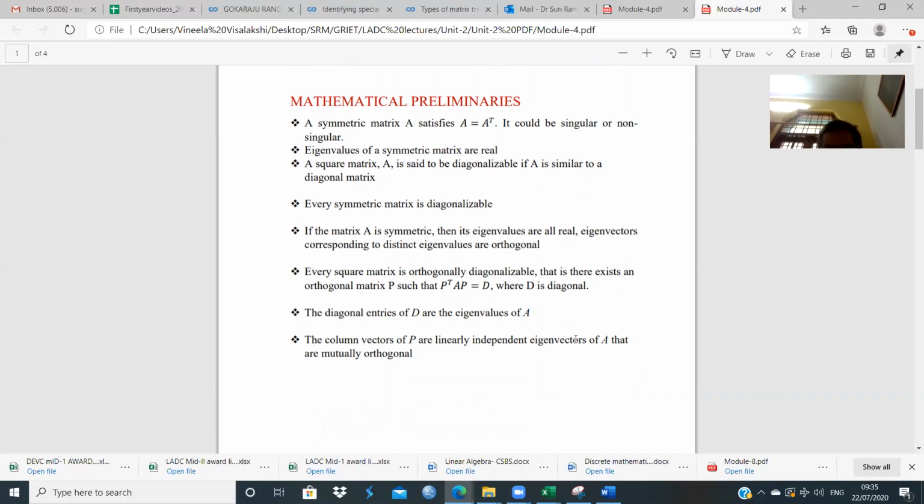So the key point in orthogonal diagonalization of symmetric matrices is to ensure that P is orthogonal. That is, all the column vectors of P, and of course all the row vectors of P, should be orthonormal.